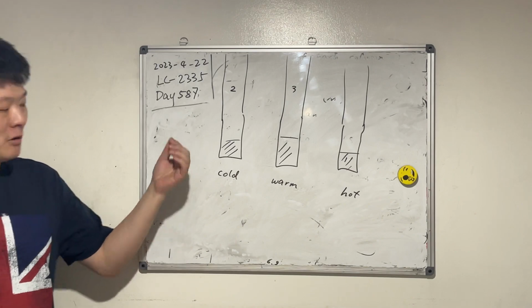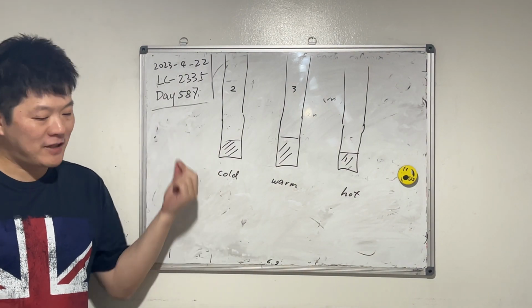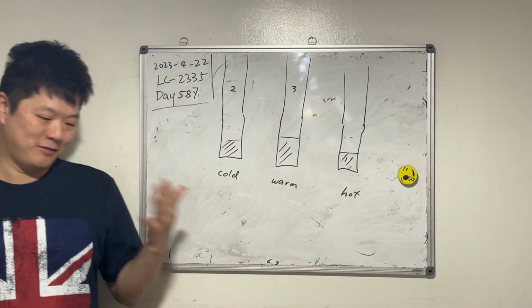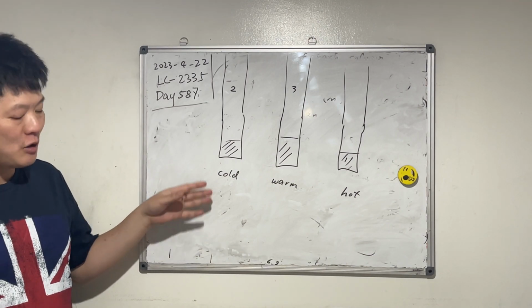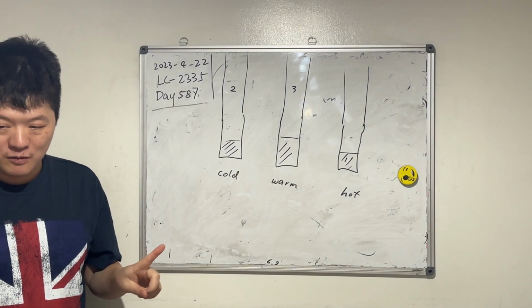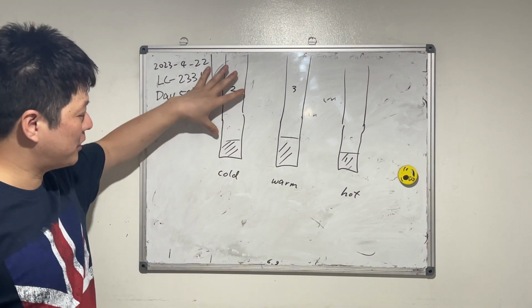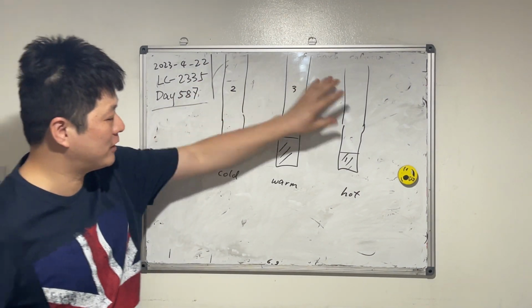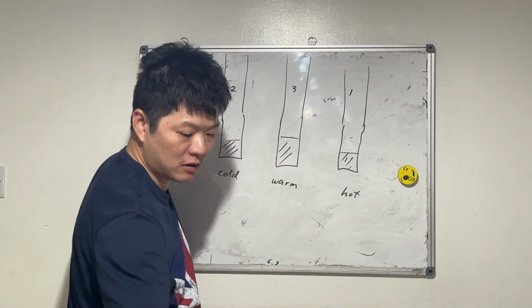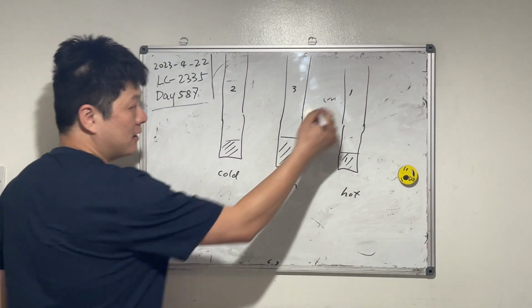So for every second, I can drink... You're given the numbers, for example, 2 liters of cold water, 3 liters of warm water, and 1 liter of hot water, okay?